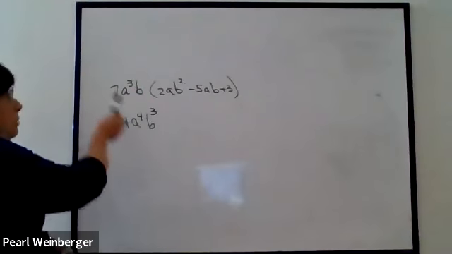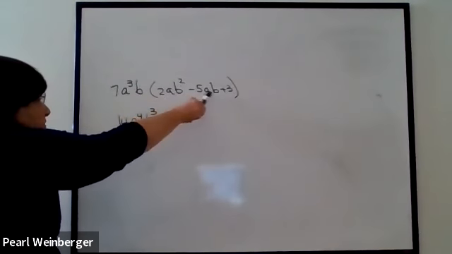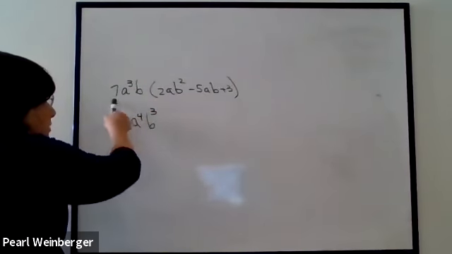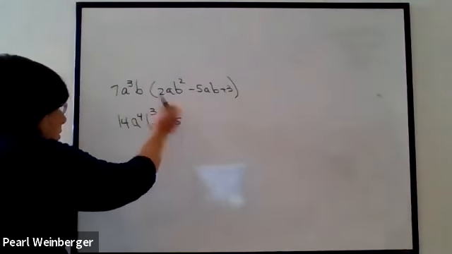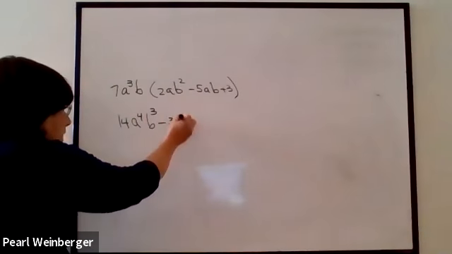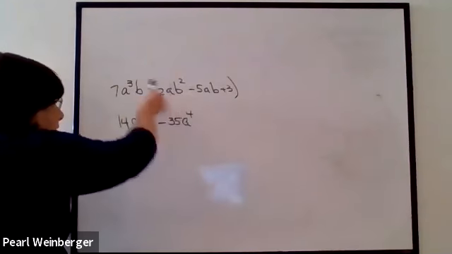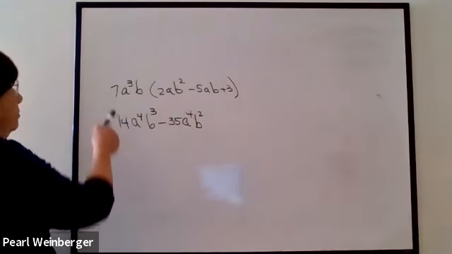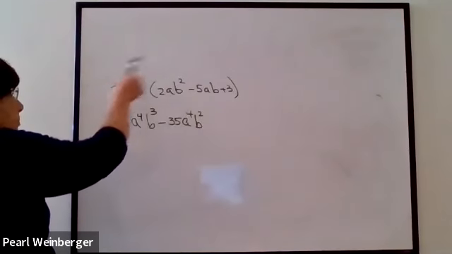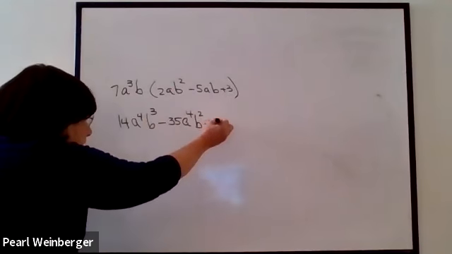Now we repeat that, multiplying the 7a³b by the negative 5ab. So 7 times negative 5 is negative 35. a³ times a is a⁴. b times b, 1 and 1 is 2, so that's b². And finally, we multiply it by the last term. So 7 times 3 is 21.